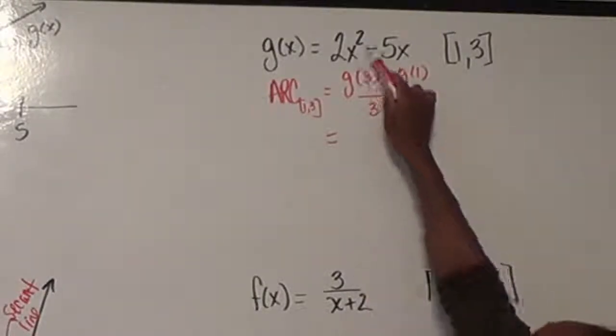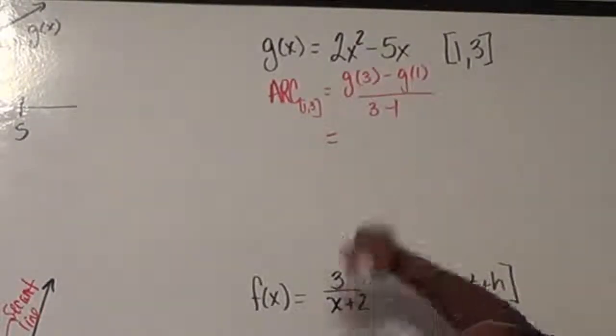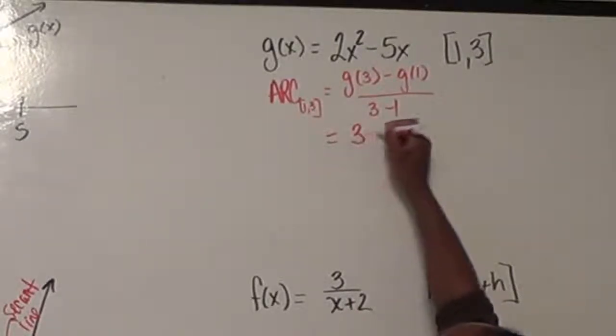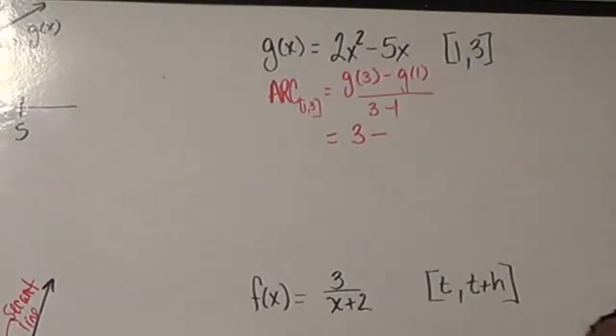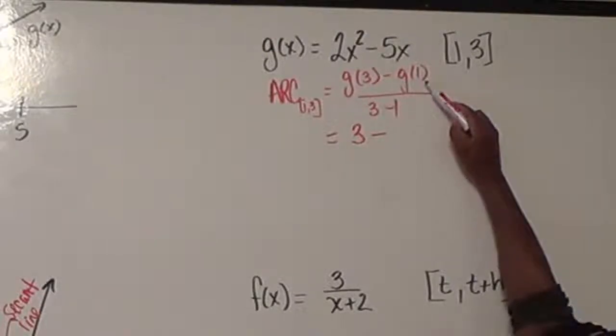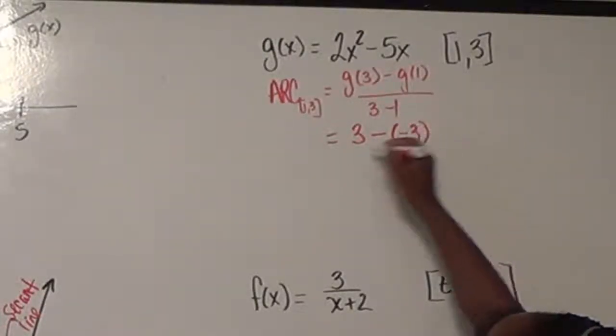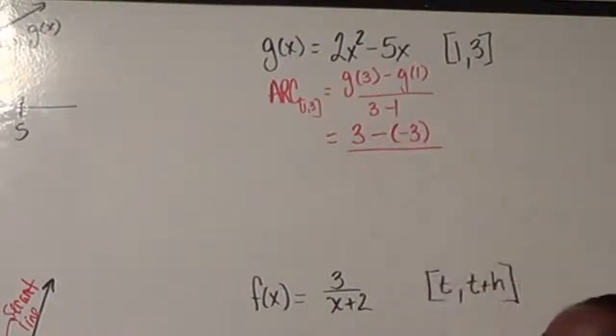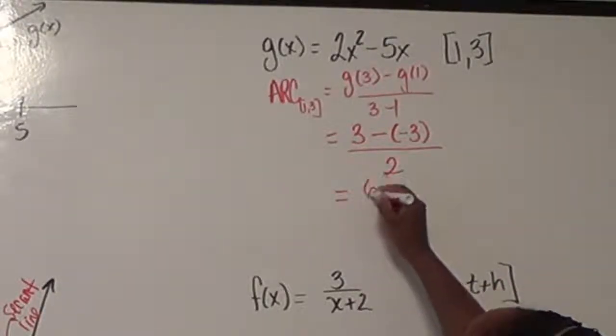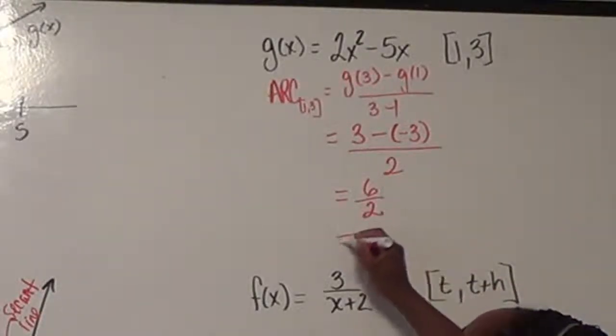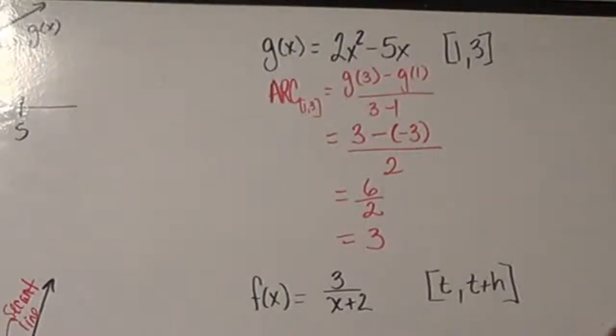And we can see I'll get an 18 minus a 15, which looks like 3. And g of 1, when I plug in, looks like 2 minus 5, which is a negative 3. On the bottom, 3 minus 1, I don't need to plug in there, I just need to subtract. So we can see that our average rate of change is going to be 6 over 2, or 3.